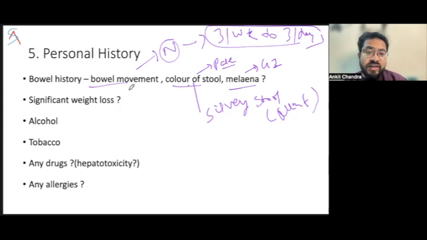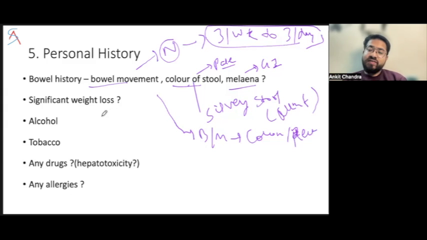Ask whether there is mucus or blood in the stool. If there is any blood or mucus, suspect colonic or rectal diseases. That you have to remember. So the bowel history will give you a good history about your GI.